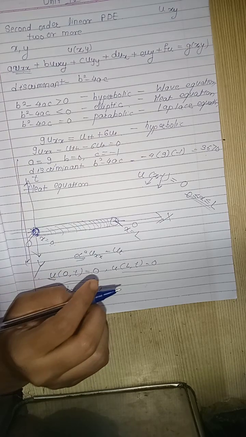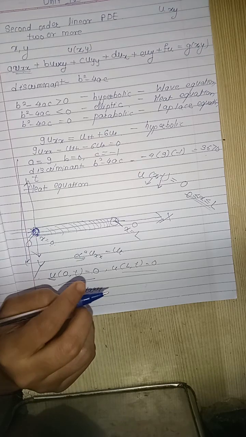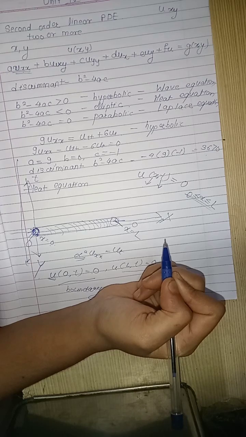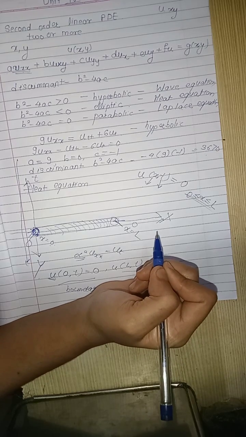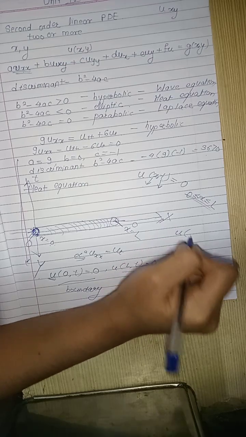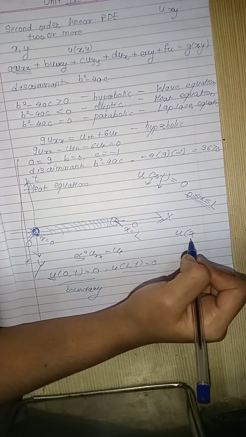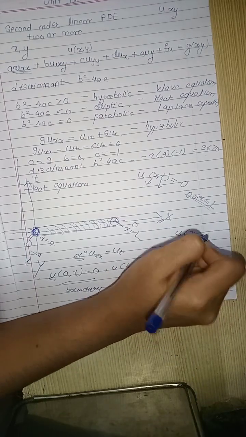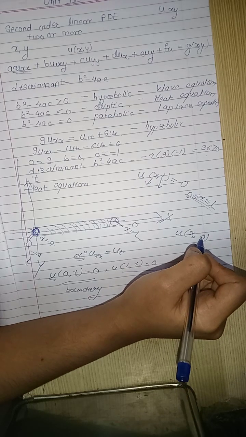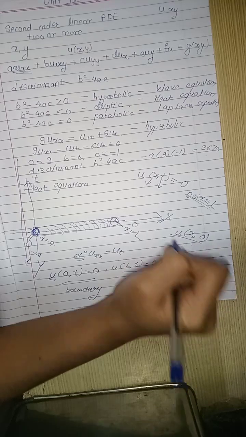In addition to that, there is the initial condition as well, the initial temperature distribution within the bar. If you consider u at any point on the rod at time t, this is known as the initial condition.